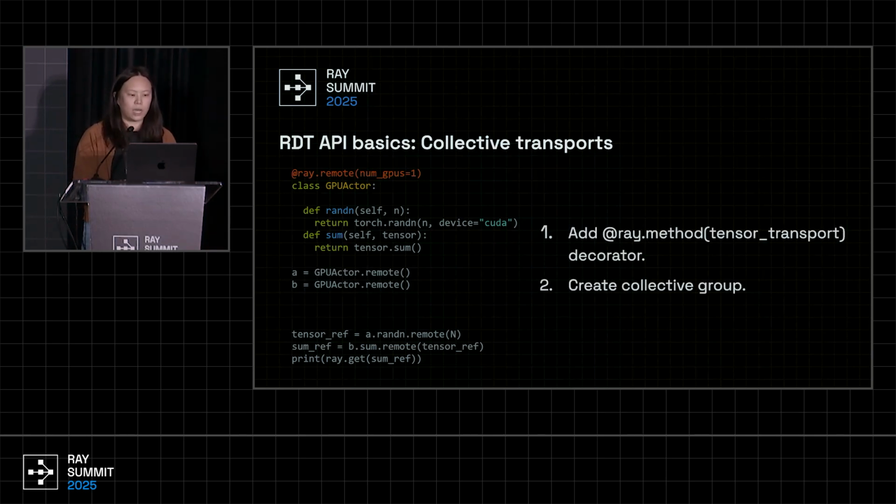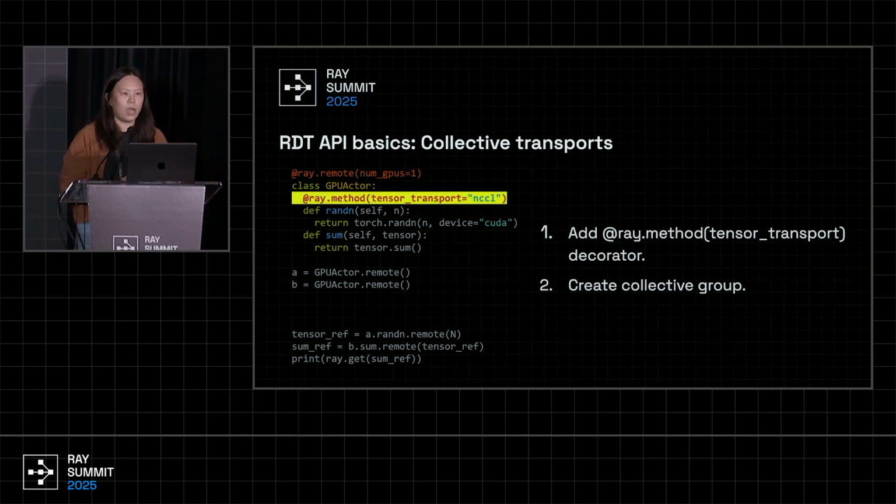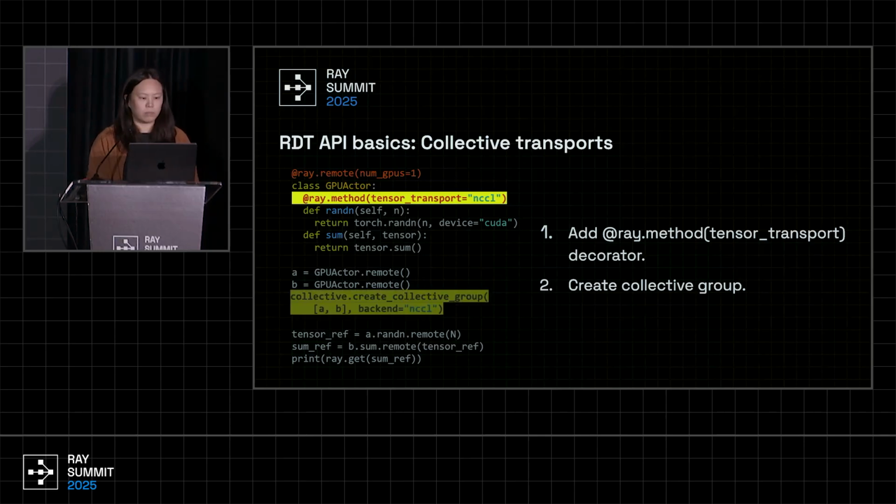First, we need to add this ray.method decorator to the actor task that returns a GPU tensor. That tells Ray basically not to copy this data into the object store, but instead to keep it in the actor's memory. And the second step, because this is a collective transport, is that we also have to declare the collective group to Ray ahead of time. We do that before executing any tasks.